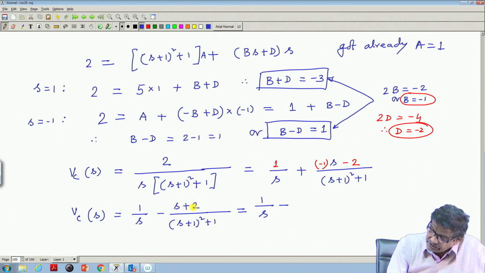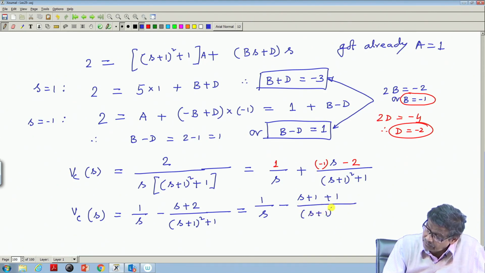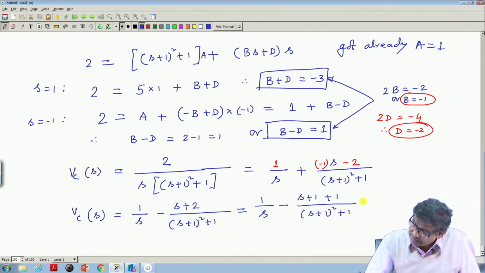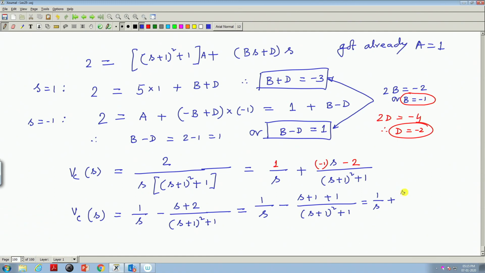So, this numerator should be written as S plus 1 by S plus 1 whole square plus 1 square. Then this can be written as 1 over S plus S plus 1 divided by S plus 1 whole square plus 1, and then plus 1 over, that is, you group this 1 over S plus 1 whole square plus 1.